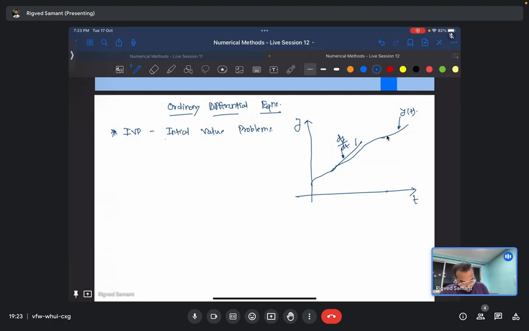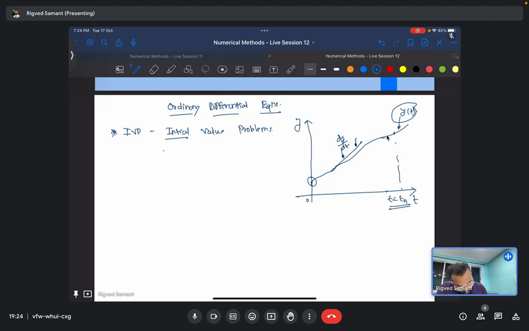In an initial value problem, you are given the value at t equal to 0, and with that and the equation of the slope, you are trying to find y of t at some t equal to tn, right?